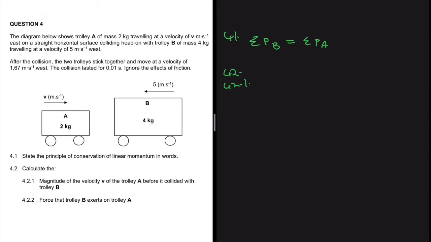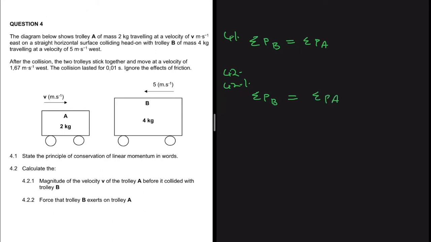In 4.2.1, we're going to use that definition to determine the velocity v of trolley A. So what does the definition essentially say? We're saying that the sum of the momentum before will be equal to the sum of the momentum after.